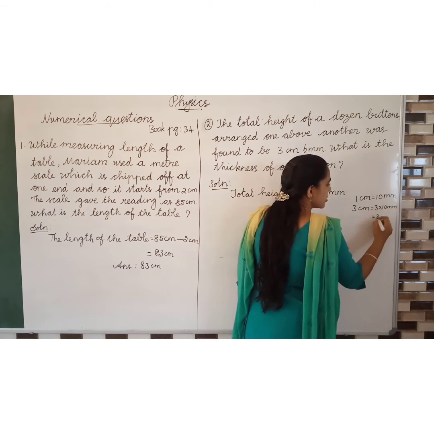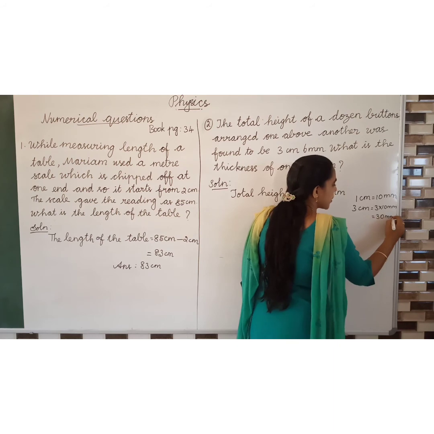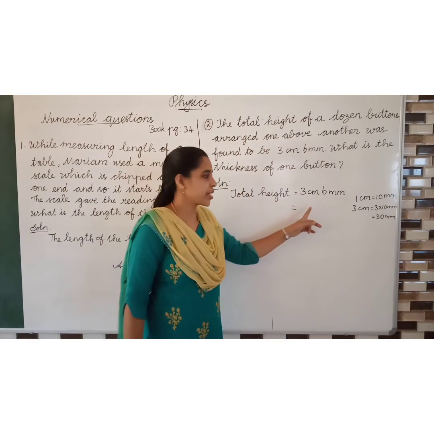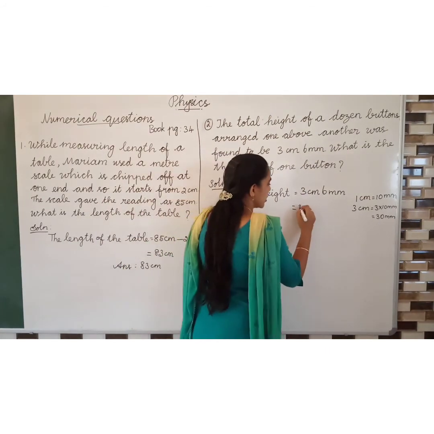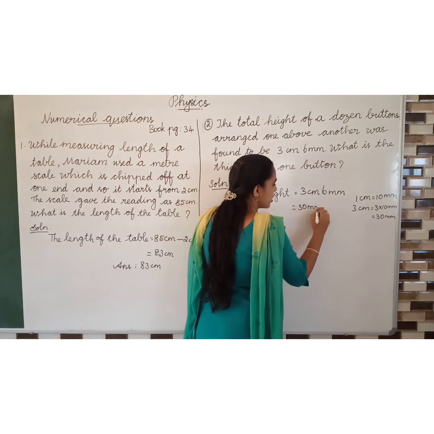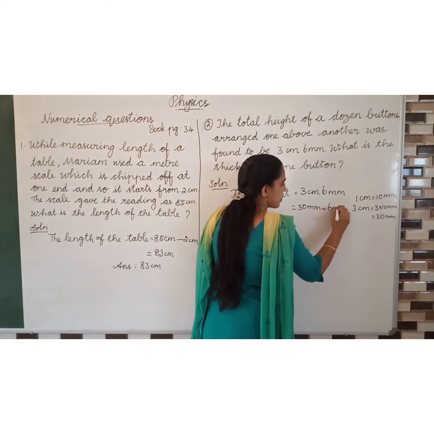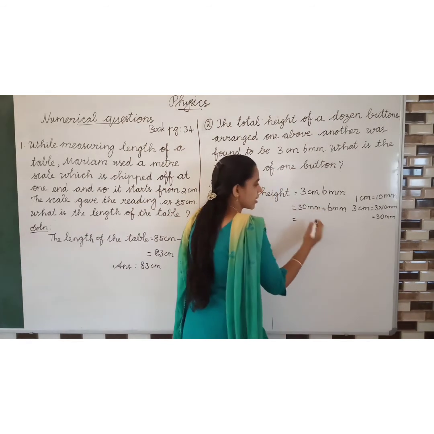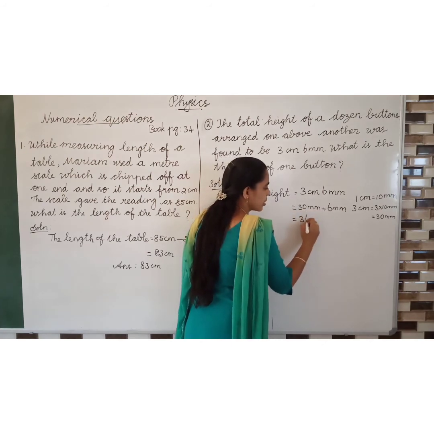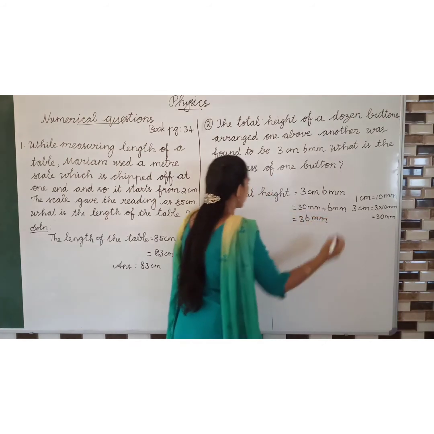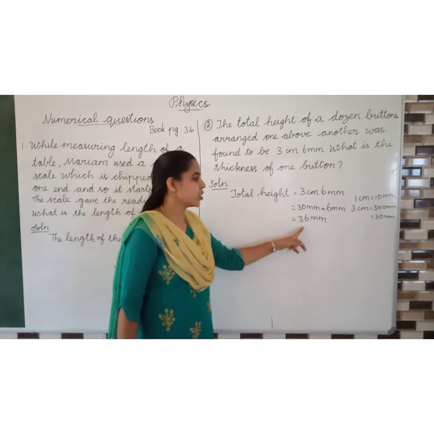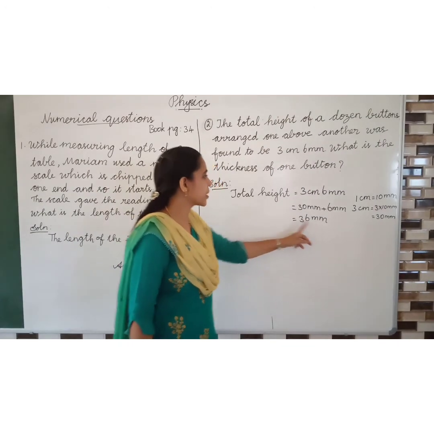The answer is 30 millimeter. Instead of 3 centimeter, we have to write 30 millimeter plus 6 millimeter. We have to add these numbers: 36 millimeter. Total height is equal to 36 millimeter.